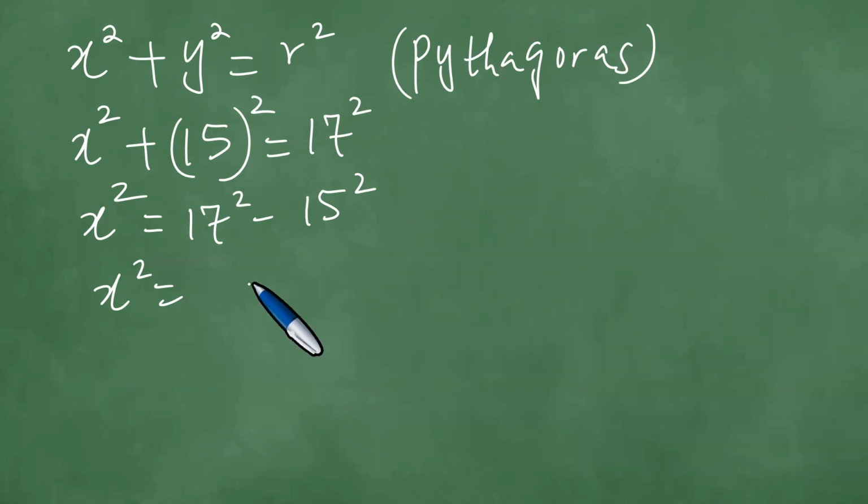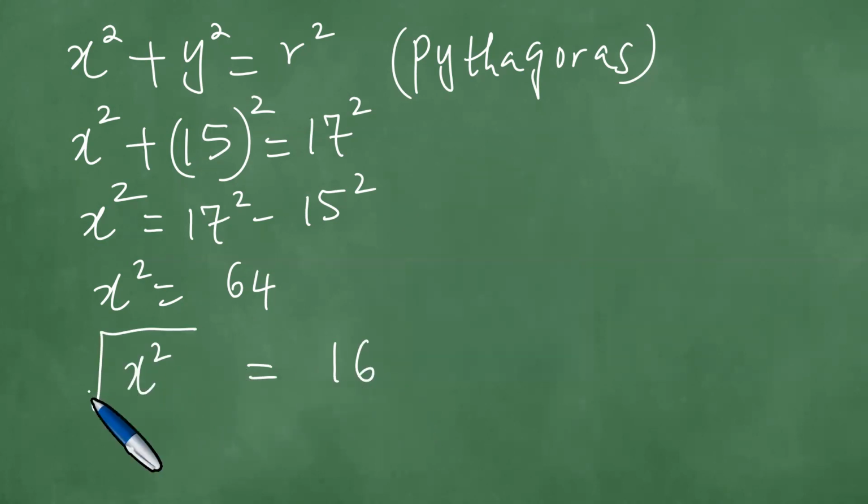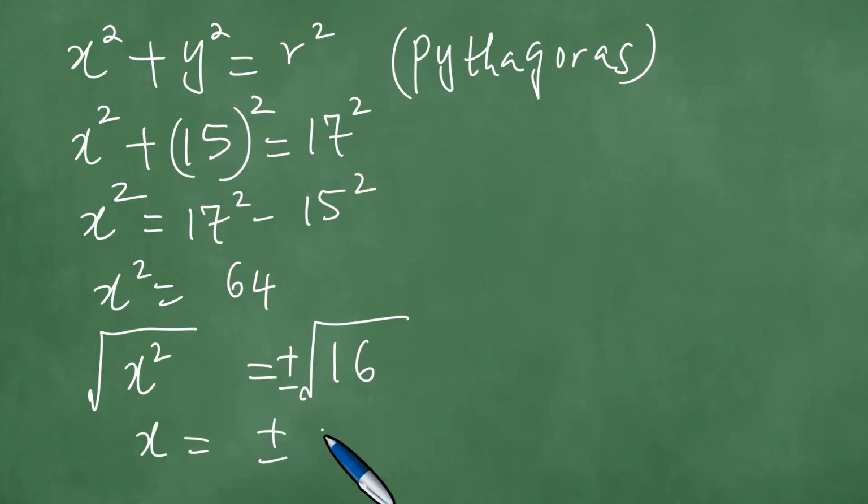Right, so this is exactly 64. So with x squared equal to 64, we apply the square root on the left and the square root on the right, and we put plus or minus. Meaning x is plus or minus the square root of 64, so that x is plus or minus 8.